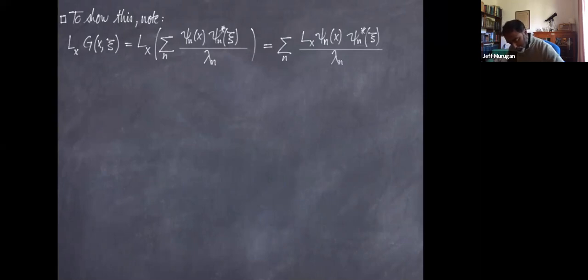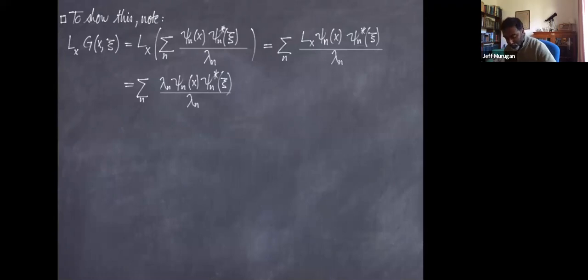And this is equal to the sum over n of lambda n psi n of x, because psi n is of course an eigenfunction of L, psi n conjugate of xi, all of that divided by lambda n.